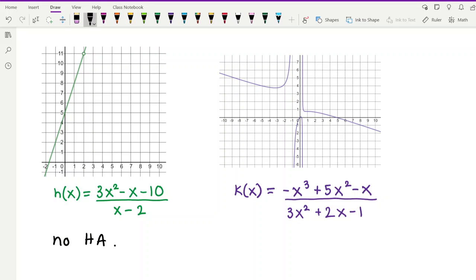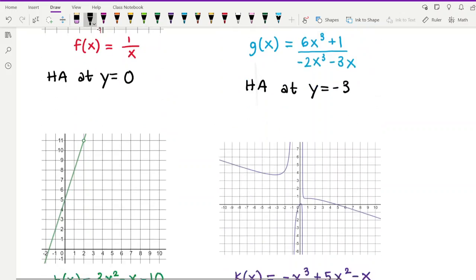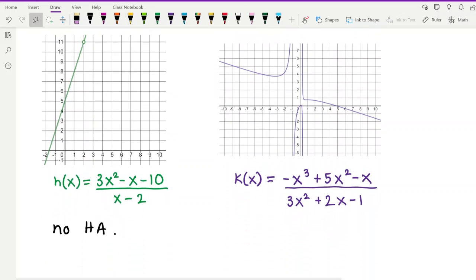We do not see the graph flattening out to a particular height the way that we saw these ones flattening out. And here's another example of a graph that has no horizontal asymptote. This one levels out towards almost looking like a diagonal line, but that's not horizontal, right? So this also has no horizontal asymptote.